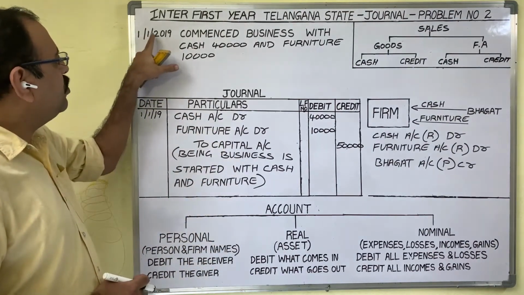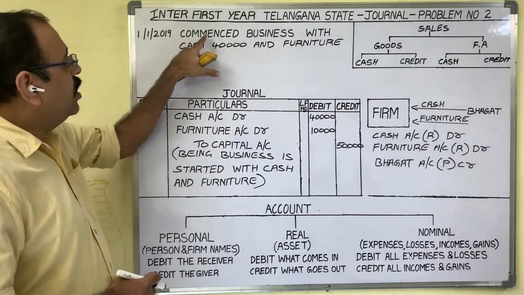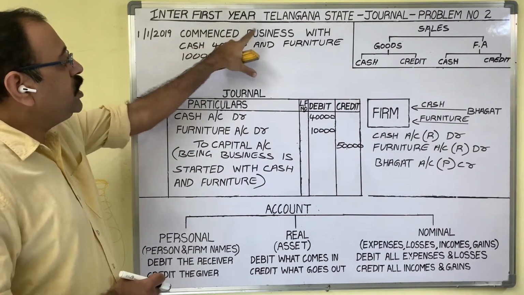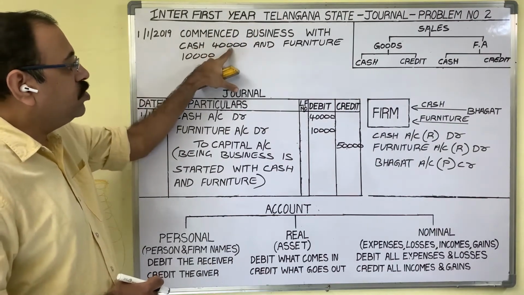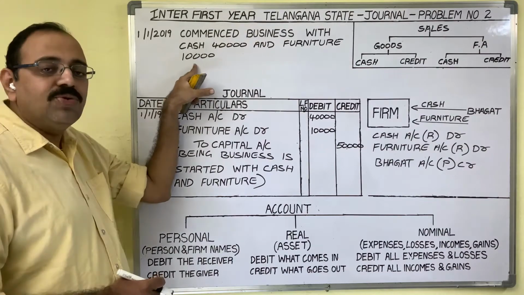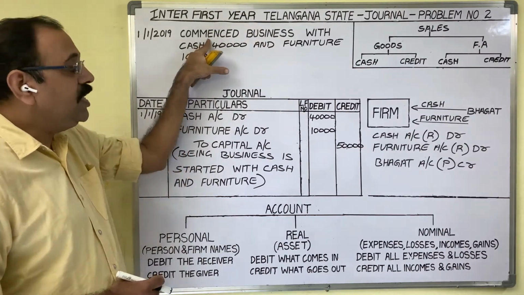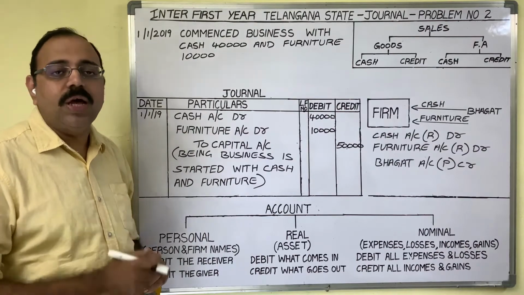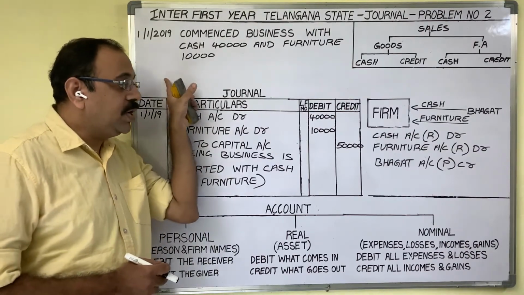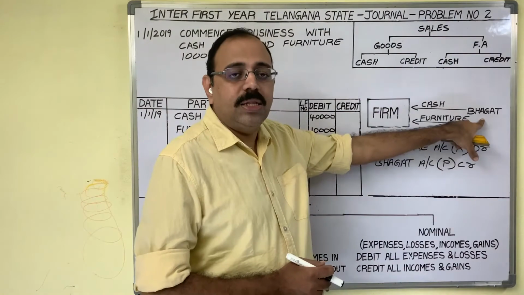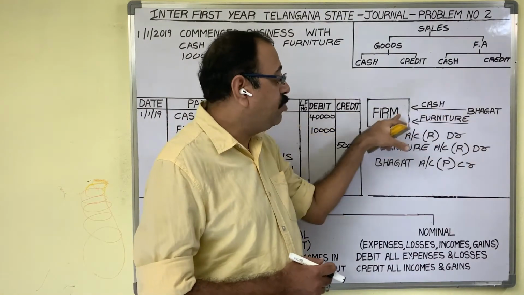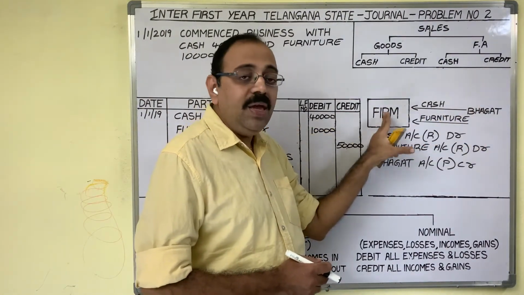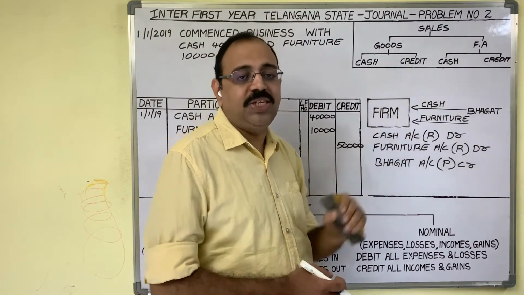On 1st January 2019, the transaction is: commenced business with cash 40,000 and furniture 10,000 rupees. Commencing means starting. Who starts the business? Owner. In this question, the owner's name is Bhagat. Bhagat started business by bringing cash and furniture.